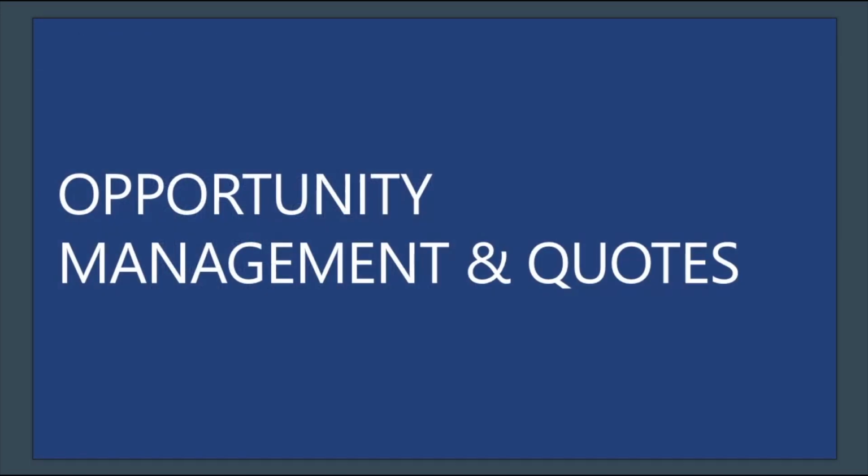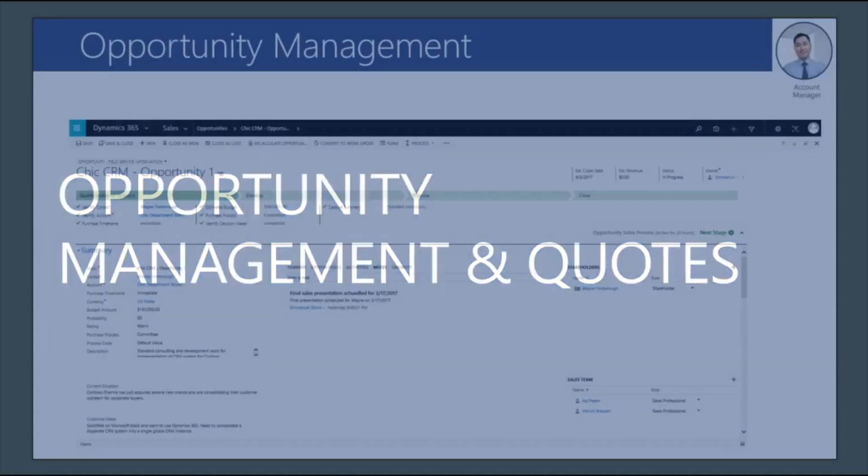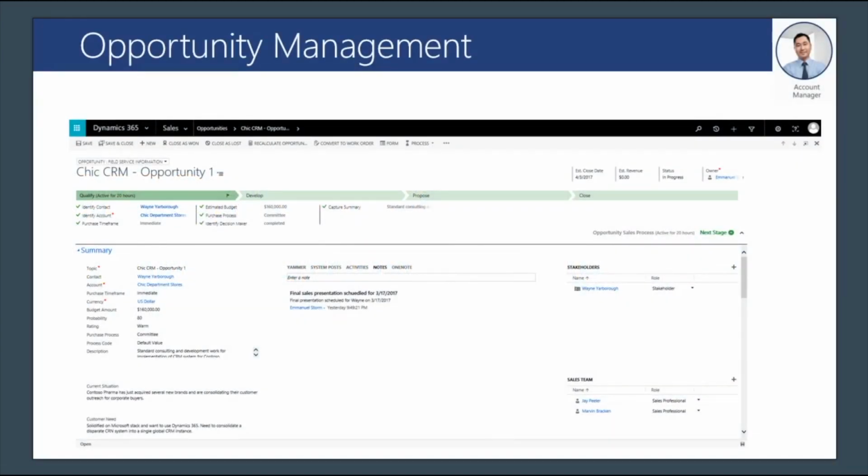But with that, let's get started and dive into opportunity management and quotes for Project Service Automation. We'll begin on an opportunity record where our account manager is working on an opportunity for Chic CRM. On this slide, you'll see all of the standard functionality for Dynamics 365, like putting together our stakeholders, assembling the sales team, and outlining the business case for the opportunity.